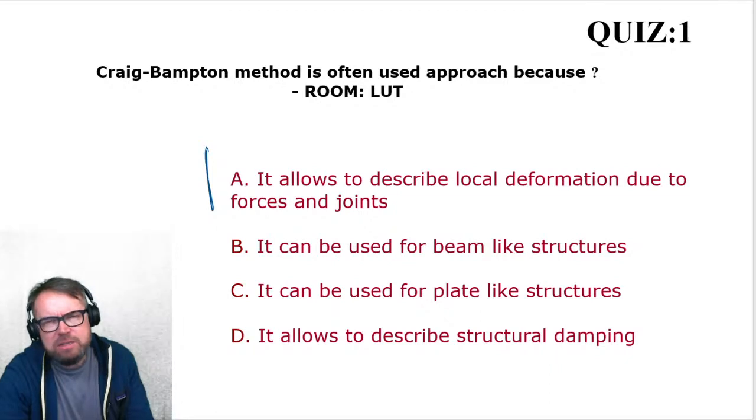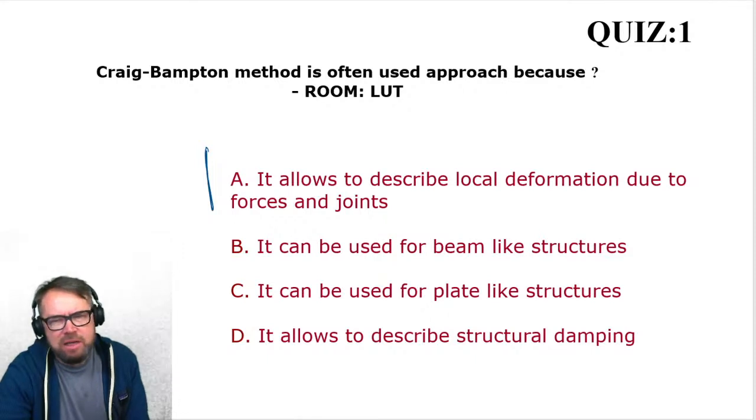It doesn't really matter where the local deformations are coming from, but the most usual suspects are forces and joints, because not much else can cause a serious local deformation except forces and joints. Forces and constraints. A constraint too can be considered as a force. So it's like two different kinds of forces that can introduce this local deformation.